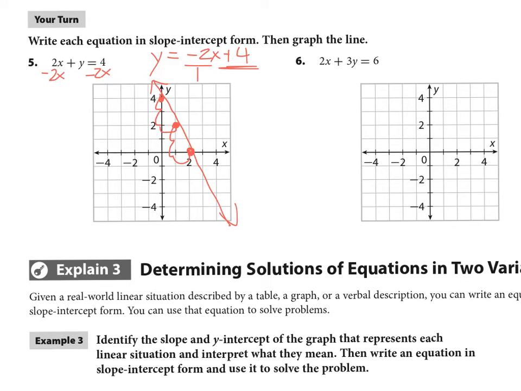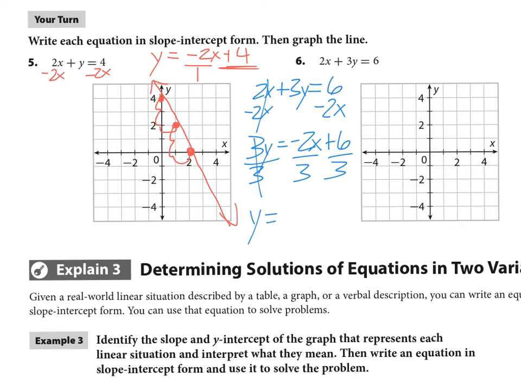All right, number 6 is a little more difficult. The reason it's a little more difficult is because you have a coefficient on your y that's not just 1. So the first step is exactly the same. Subtract 2x. But now I have to get rid of the 3. Very good. You divide everything by 3.